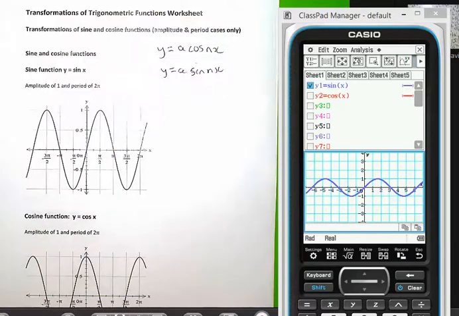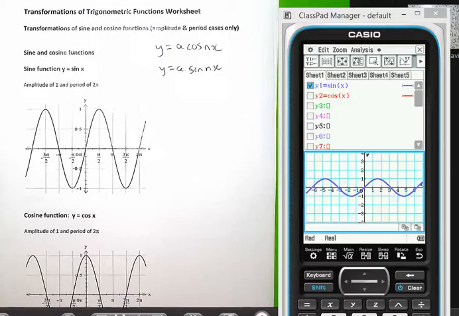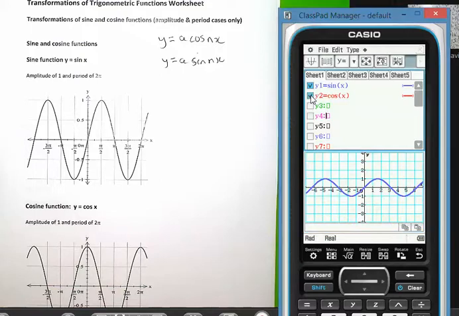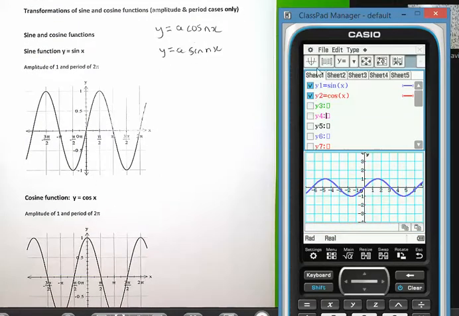Now on page 1 you'll see the two standard graphs for period 2 pi and an amplitude of 1. You can see I've drawn it for sine x. If we have a look at cos x down the bottom of the page and on the calculator, you'll see that they're out of phase.